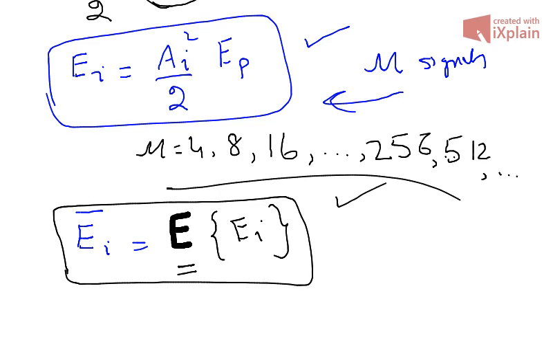Now if you compute it from this, because you already have the E_i, you can say that my average is actually equal to the expectation, let me take my pen back, the expectation of A_i squared over 2 E_p.